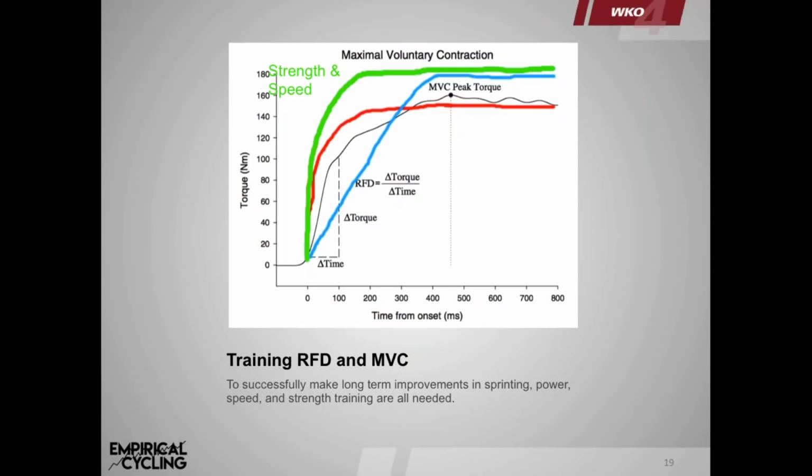Then you decide you're not fast enough, you go to the gym, you do some strength training, and then you come back and do some more speed training, and you get to increase the force you can produce at these very short time periods even more.